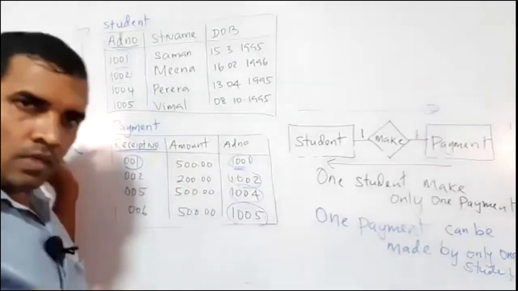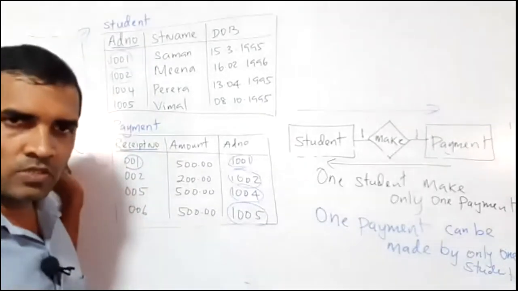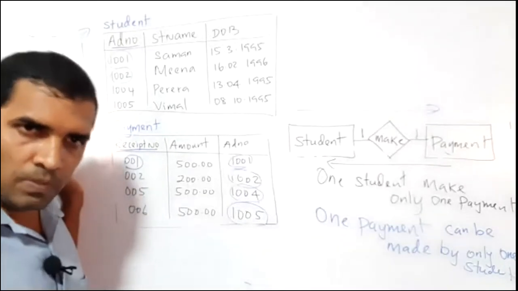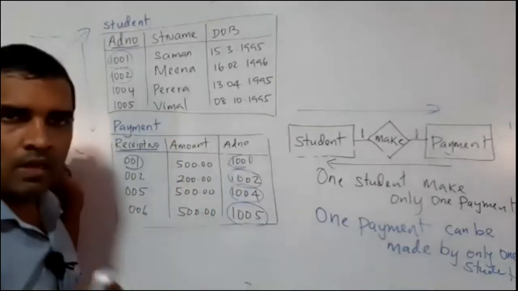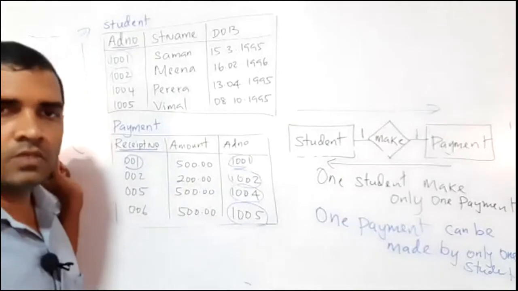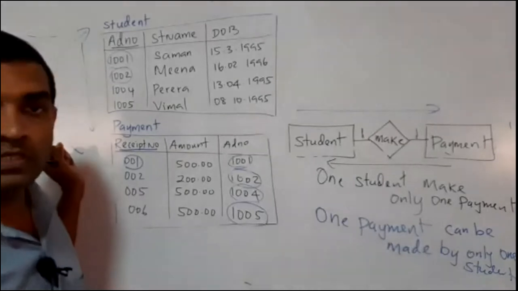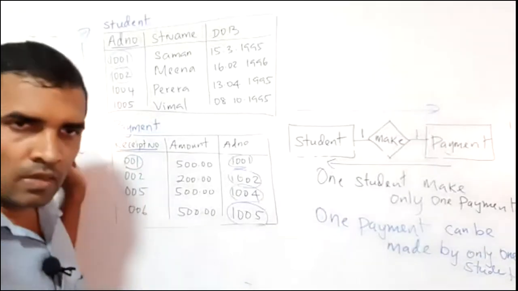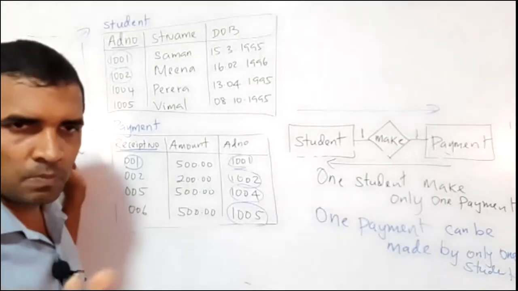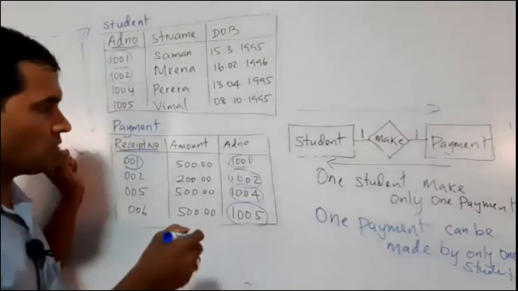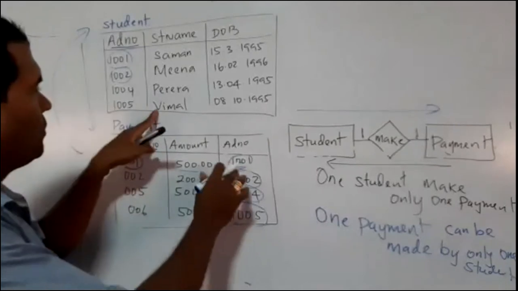Sometimes, if two students make a payment as a group, as a pair, assume Saman and Vimal made a payment as a group. So in this case, only one receipt is issued. This is practically impossible, but I took it for demonstration. Two students paid as a pair, as a group. So in this case, I can say that this 500 is paid not only by 1001, Vimal also paid.